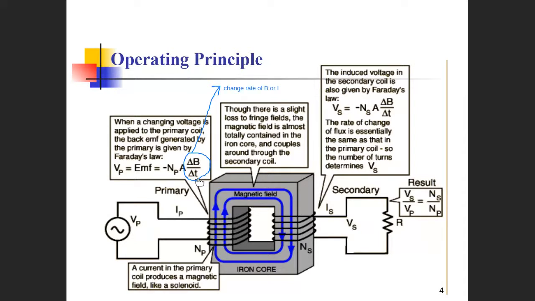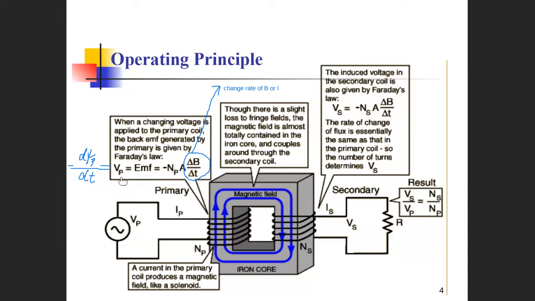So as you know, based on Faraday's law, Lenz's law, the change rate of B, with the turn number and the area A, is the change rate of the flux linkage. So this is Lenz's law.